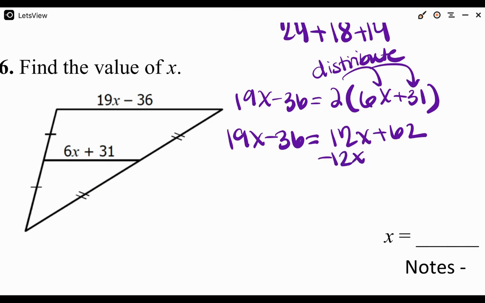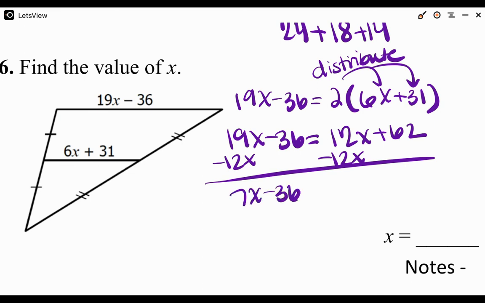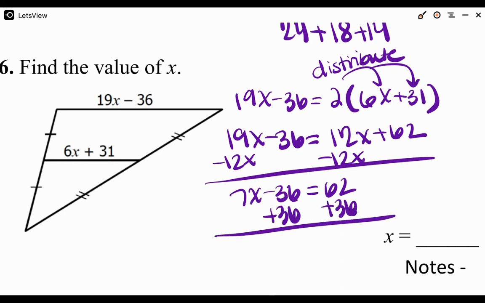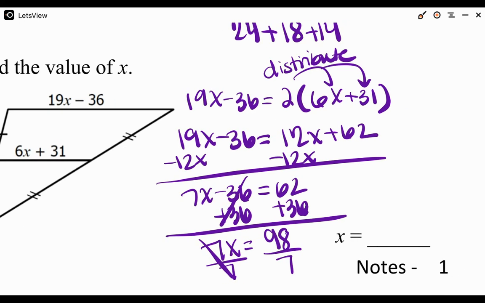Minus 12x on both sides, so we get 7x minus 36 equal to 62. Now we're going to add 36 on both sides, so we get 7x equal to 98. Divide by 7, and we get x equal to 14.